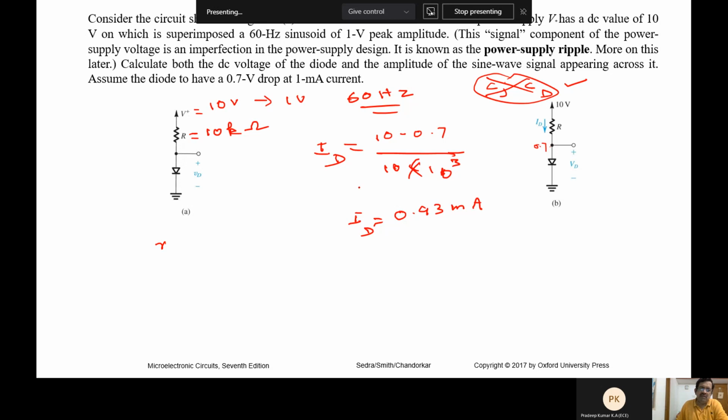So the DC voltage we have already, we will assume, because you see here this is 0.93, but what is given here? 0.7 volt drop at 1 milliampere, and here you are getting 0.93 milliampere, which is so close to this 0.7. Therefore, as a first approximation, I can take 0.7 itself as the steady state DC voltage across the diode. That's what I am taking.